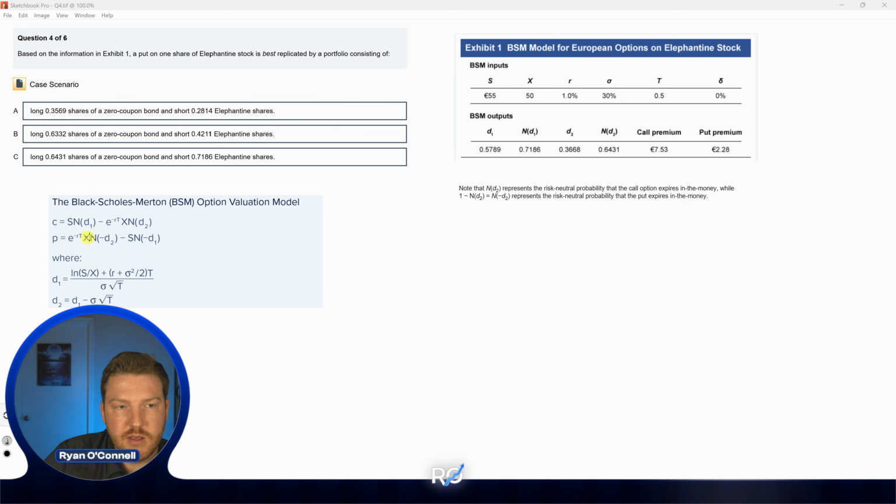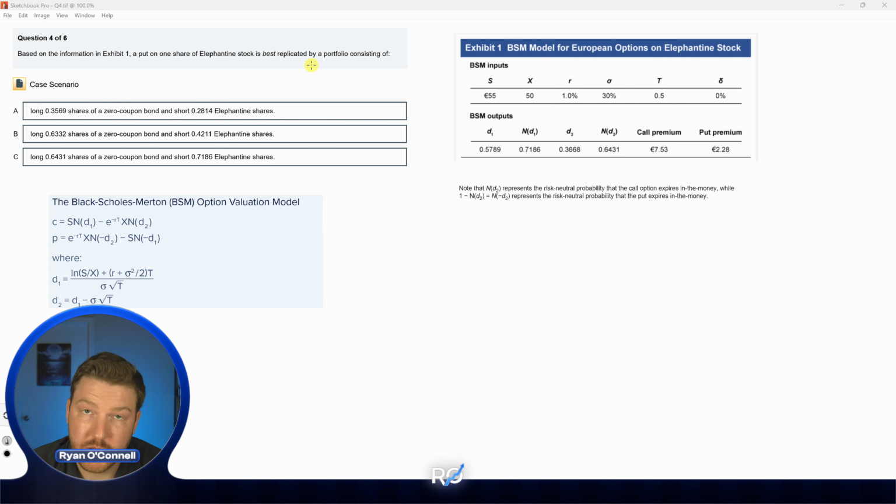So at a super intuitive high level, the model is trying to figure out the probability that these options expire in the money, and then working back to value that way. So in this one, we're being asked, how do we replicate it? It's a question about replicating the payoff, or the value, of this put.